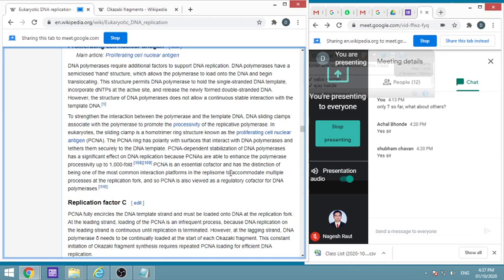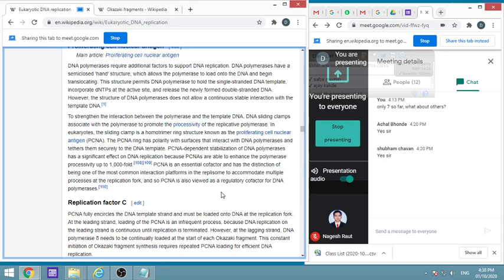A ring-like structure is formed that is known as the proliferating cell nuclear antigen, which has polarity with the surface, and it interacts with the DNA polymerases and then tethers them to the DNA template. This antigen-dependent stabilization of DNA polymerases has a significant effect on DNA replication because it is able to enhance the polymerase activity or its processivity up to 1000-fold.